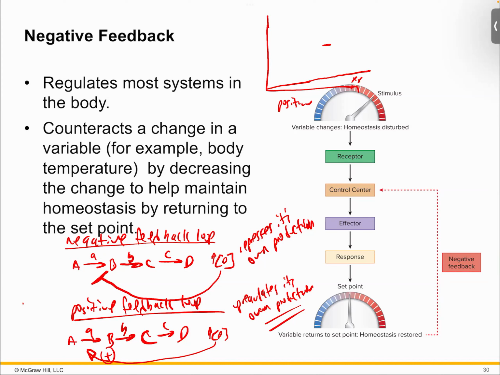So what happens with positive feedback is when D reinforces its own production and upregulates its own production, it basically looks like this. So you get a lot of D in a short period of time. That gives you very quick responses. Then you can couple that to a negative feedback loop, because you have high concentrations of D that can shut down your production, and that'll bring your production back down to normal homeostatic levels.